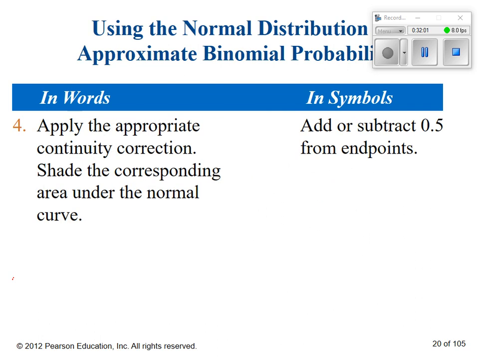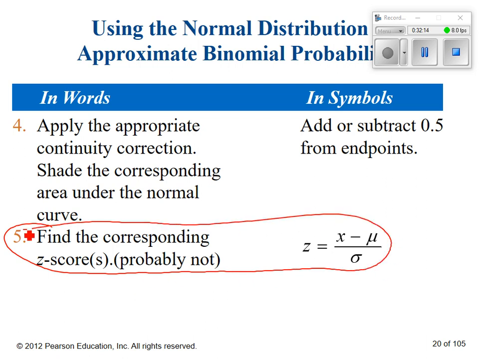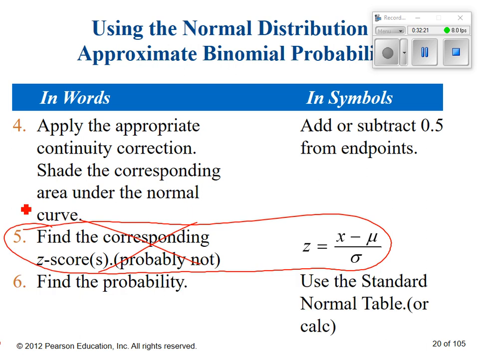Step 4, add or subtract the 0.5 to do the correction. Step 5 says change it to a z-score. Are we going to change ours to z-scores? Probably not. Our calculator does it for us.